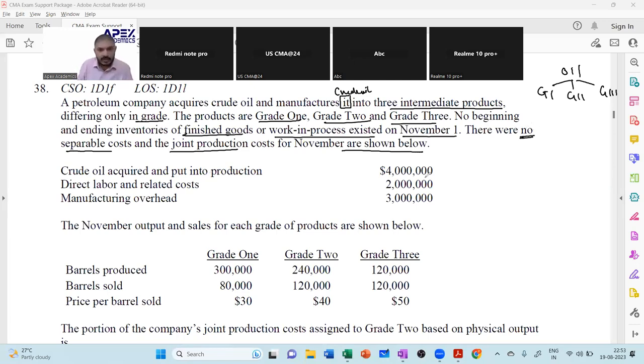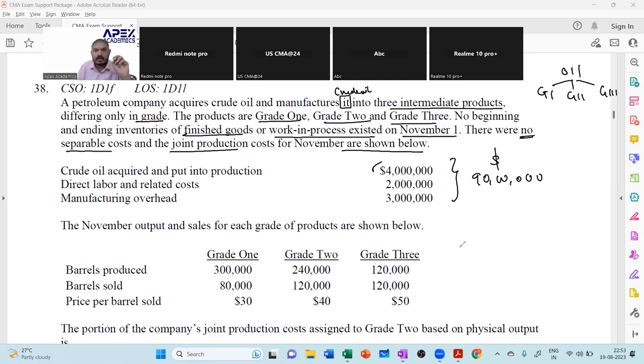Crude oil acquired and put into the production is worth $40 lakh. Direct labor related cost is another $20 lakh, and you've got a manufacturing overhead of $30 lakh. So your total manufacturing cost comes to $90 lakh, or you can say $9 million.